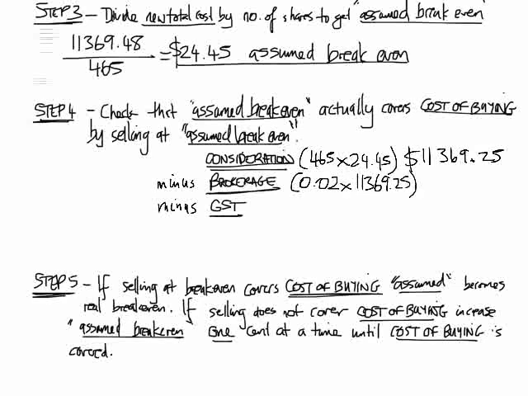So calculate that, and we'll get 227.39 rounded up, and GST 10% of the brokerage, so 0.1 times 227.39.